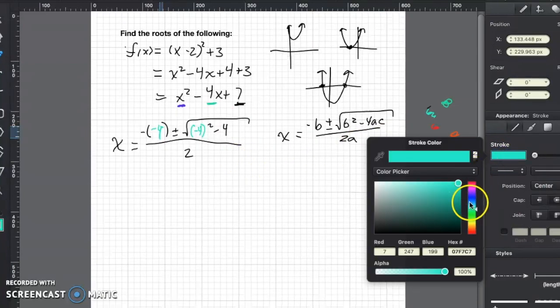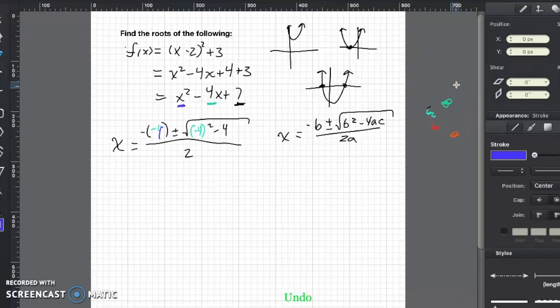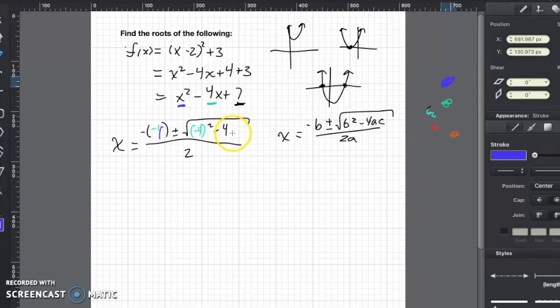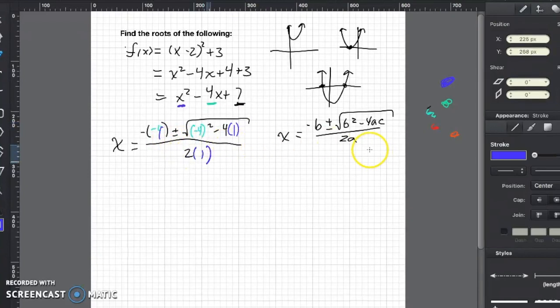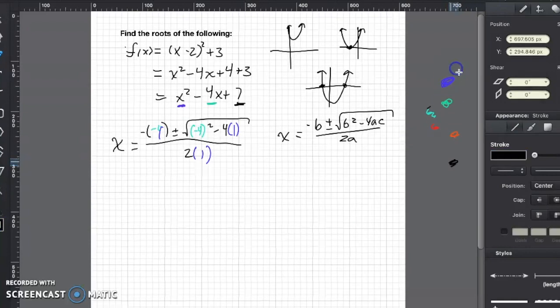Next I have my A's. I'm going to have one right here. This is a coefficient of 1. This is a 1 right here. And then the C's, so C is going to be 7. There you go. Okay, that's my setup.